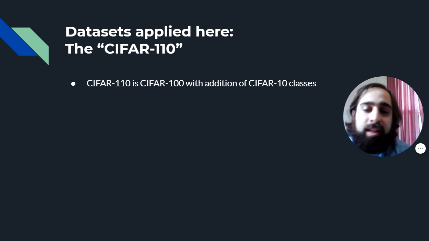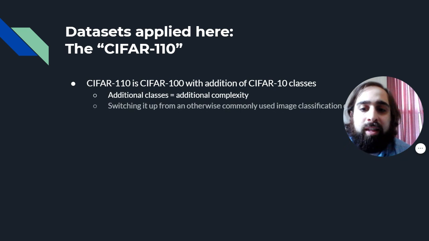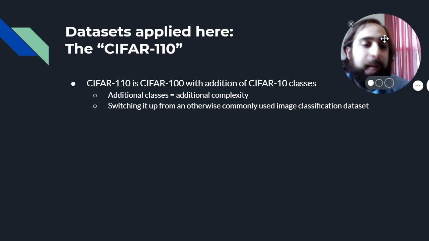And all that really is just adding the extra 10 classes from the CIFAR 10 into the 100 data set, making it a little more complex, switching it up from, again, the CIFAR sets that have been used many times before by other data scientists.